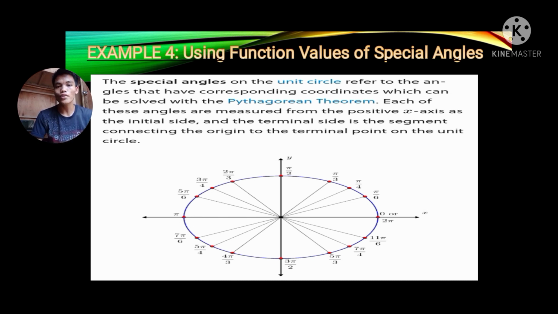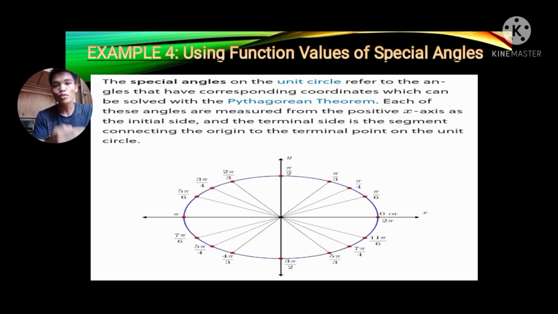Each of these angles is measured from the positive x-axis as the initial side, and the terminal side is the segment connecting the origin to the terminal point on the unit circle. As you can see, there is an illustration below that clearly shows what the special angles look like.